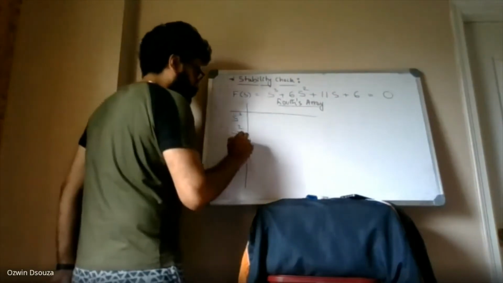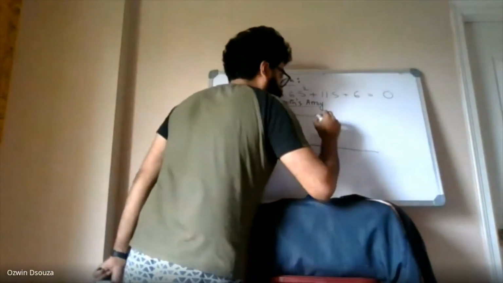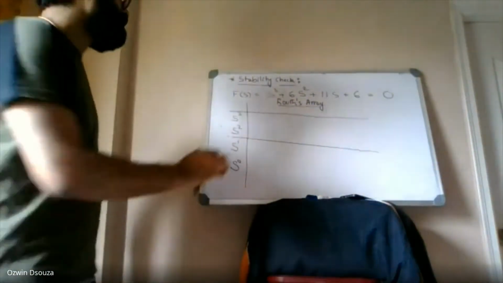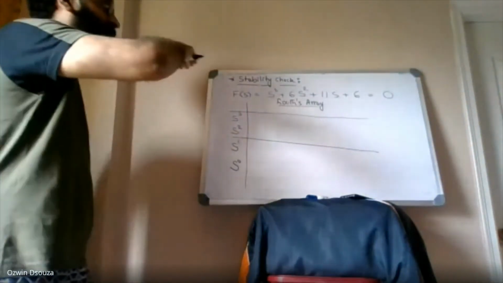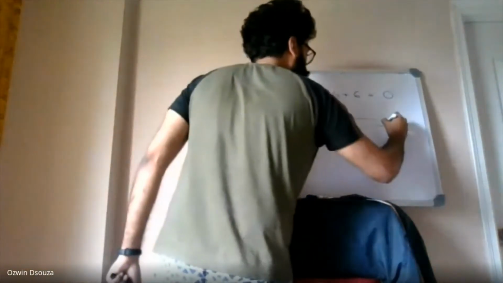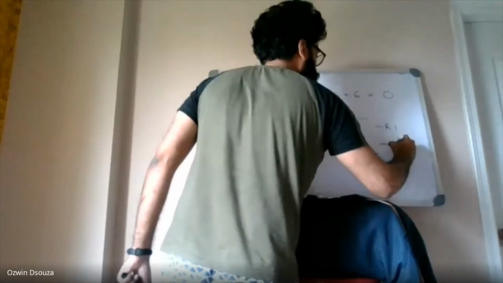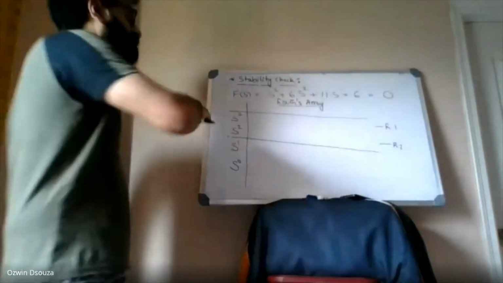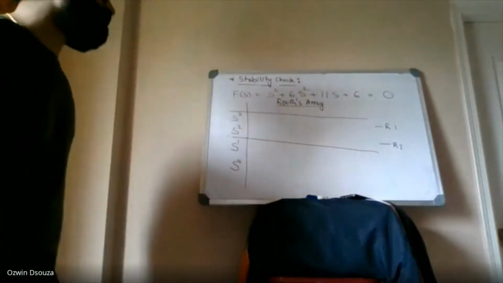You know that the first 2 rows are constructed from the coefficients of the characteristic equation. So this is your row 1 and this is your row 2. R1 and R2 are constructed from the coefficients of f of s.